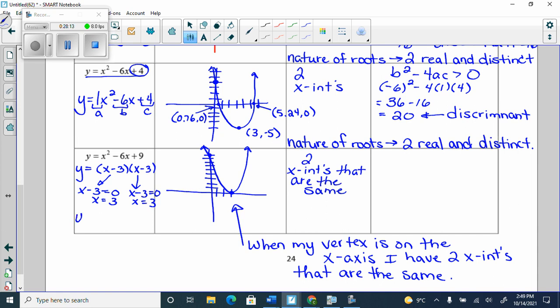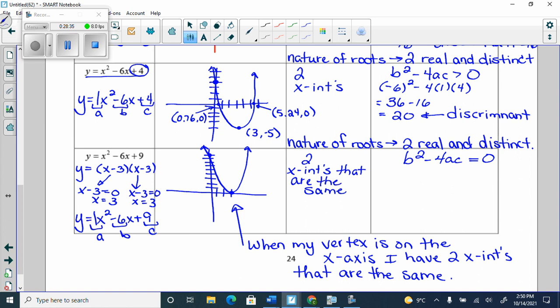So if I want to find my discriminant, A is 1, B is negative 6, C is 9. I'm expecting my b squared minus 4ac to equal 0 this time, because in order to get the same x-intercept twice with the quadratic formula, you have to take the square root of 0.